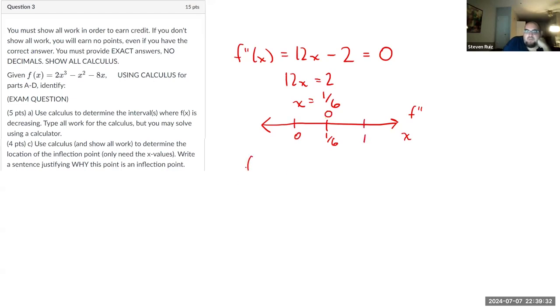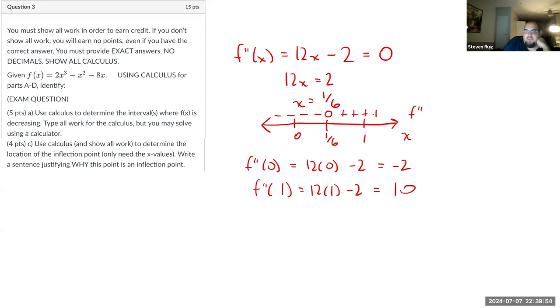What is f double prime of 0? That is equal to 12 times 0 minus 2, negative 2. So that's concave down. How about f double prime of 1? That's equal to 12 times 1 minus 2, which is 10, which is concave up. So that tells me certainly that I have an inflection point.